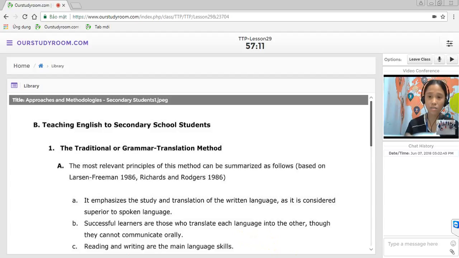Teacher Meow, yes, can you read number 1, please?